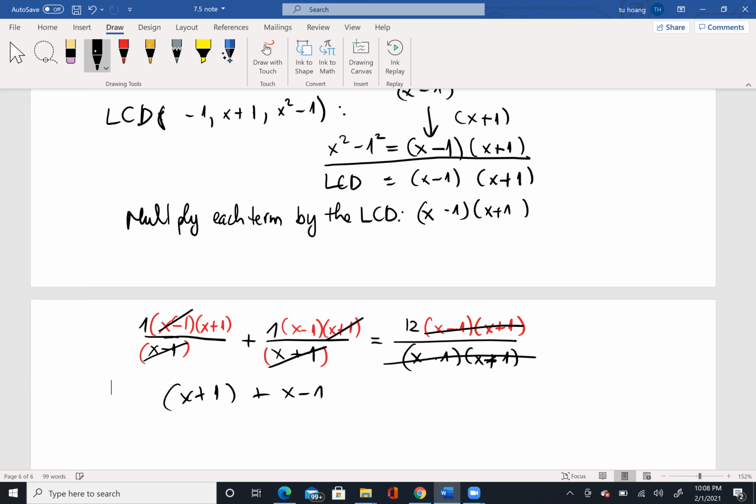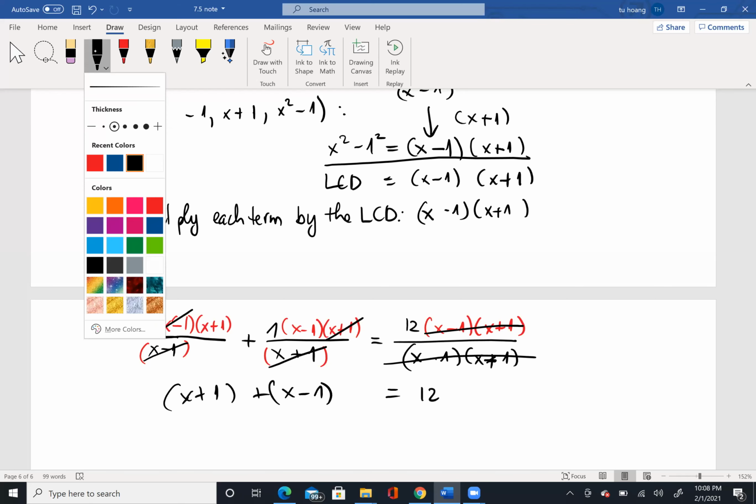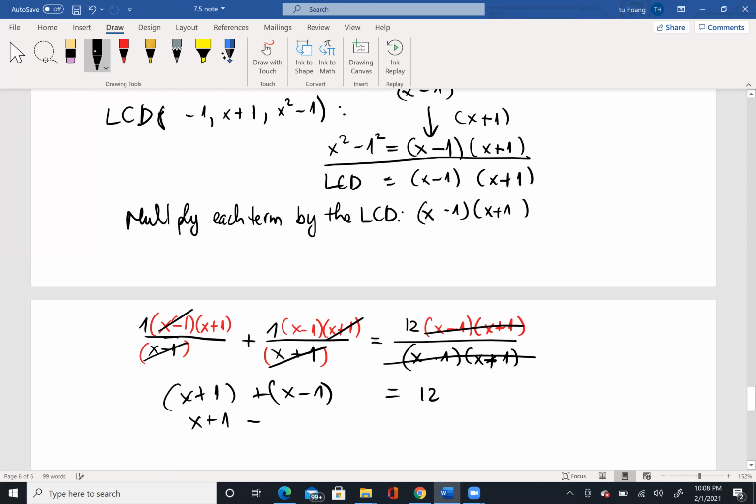Okay, so I can just keep the parentheses here and later open them. And the right side is going to be 12, right? So now you open the parentheses because there is no subtraction between these two parentheses. So you're going to have x plus 1 plus x minus 1. So you can cancel the positive and negative 1 later, equal to 12, and the left-hand side now becomes 2x, equal to 12.